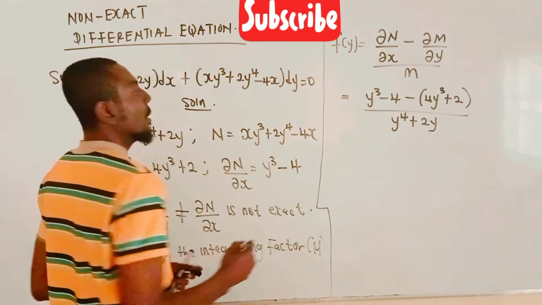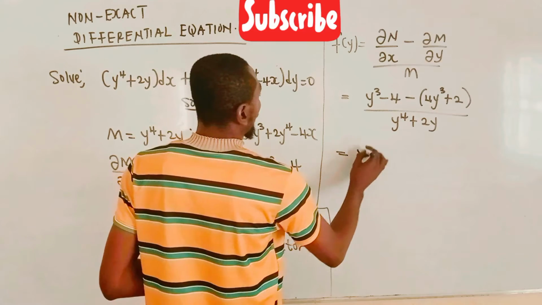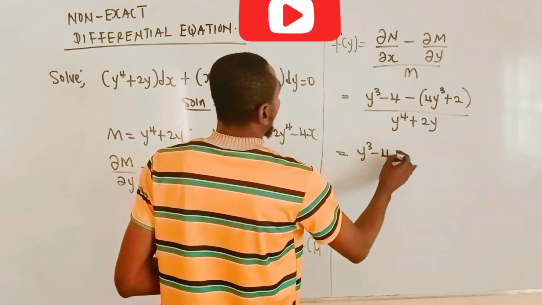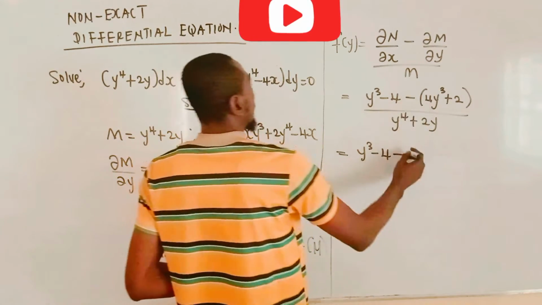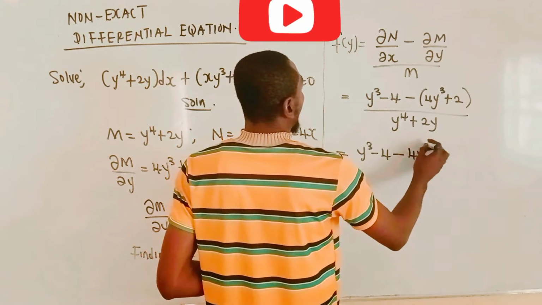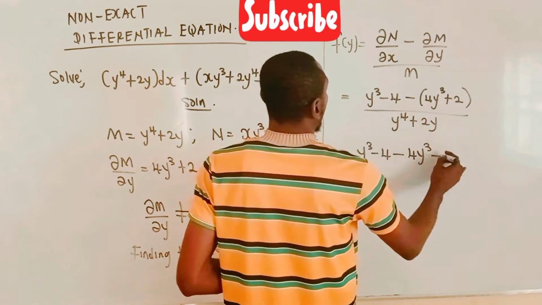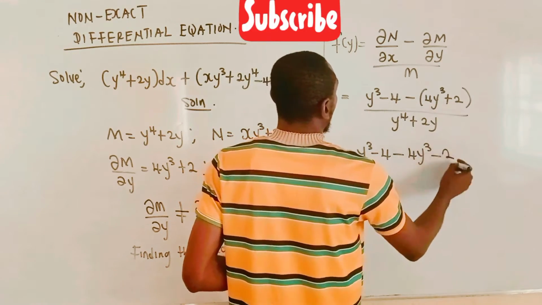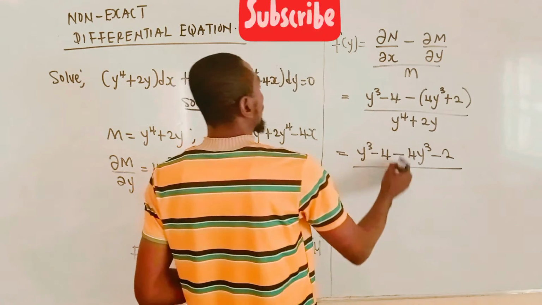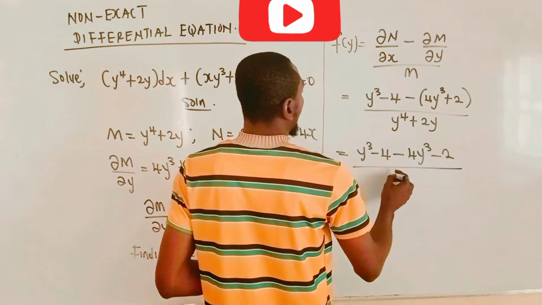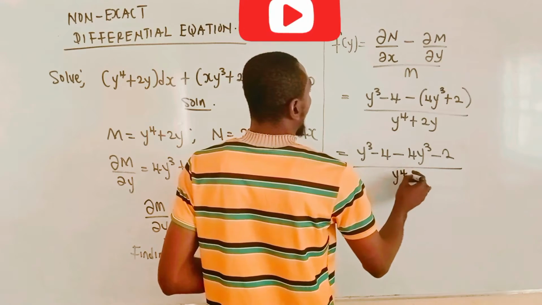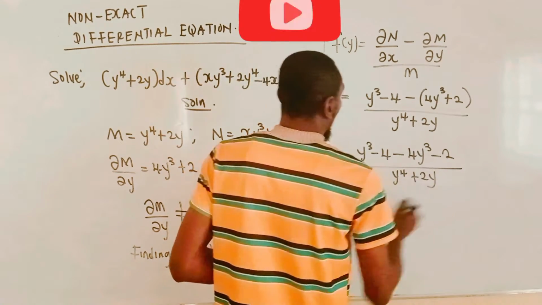Is that okay? So we have this equal to y to the power 3 minus 4, minus 4y³, and minus times 2 is minus 2, all over, of course, y to the power 4 plus 2y.